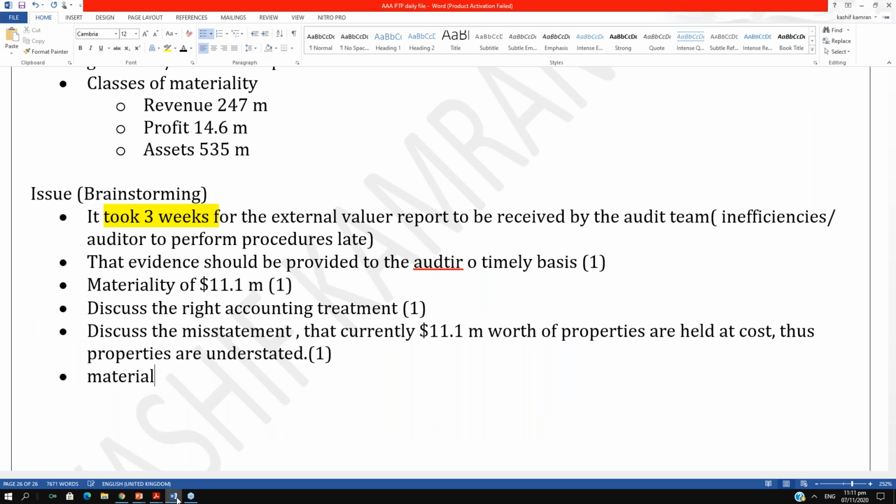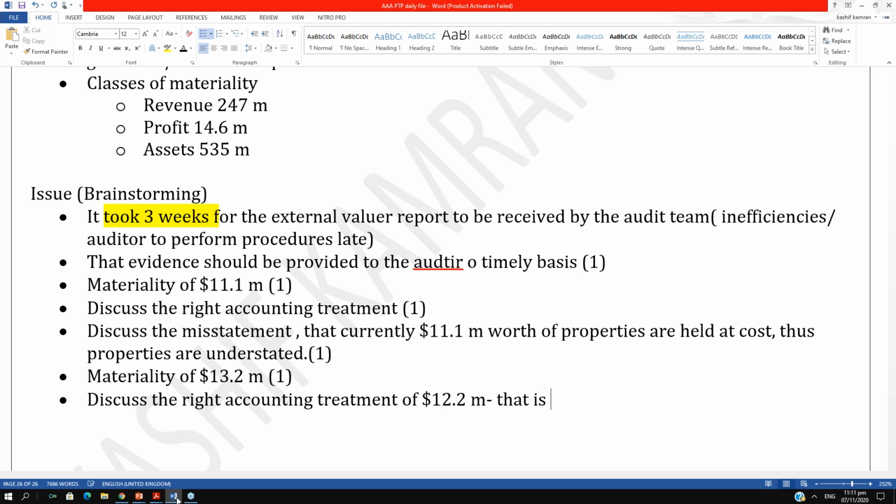So you will find the materiality of $13.2 million, 1 mark. You will discuss the right accounting treatment of the $13.2 million, that it should be capitalized, 1 mark.